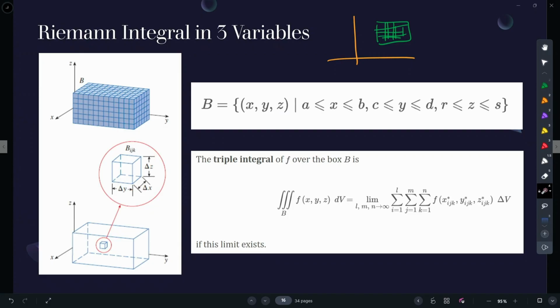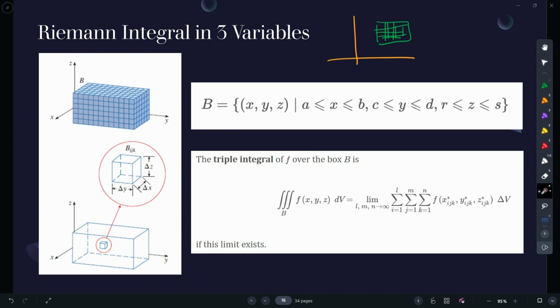In each cube we pick a point at random inside the cube, evaluate the function at that point, and then add up all these values times the volume of the cube. So all those numbers added together give me an estimate of the total sum of all the values in that box. And as I do more and more partitions, I get closer and closer to the actual value of this number. That is what the triple integral is as a Riemann integral.